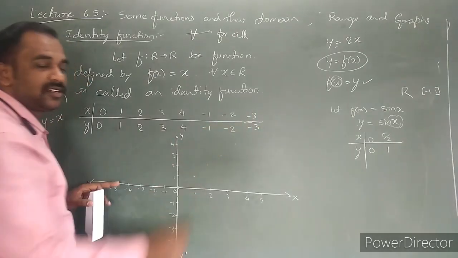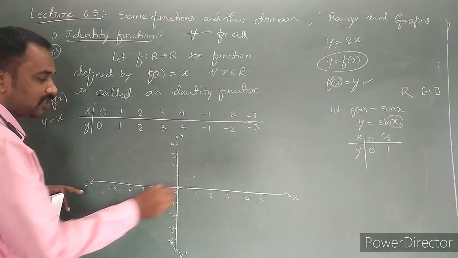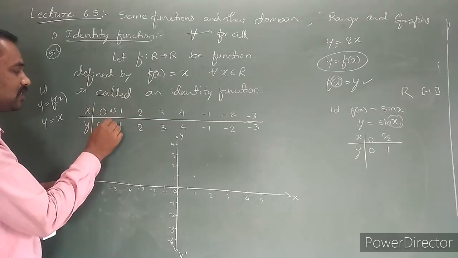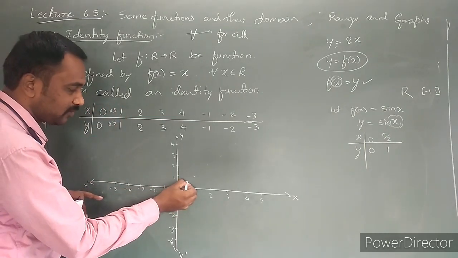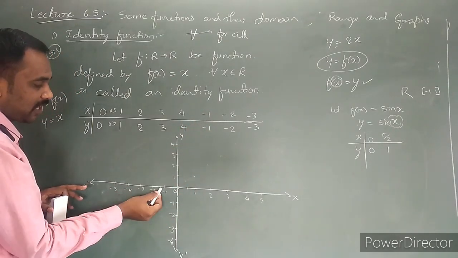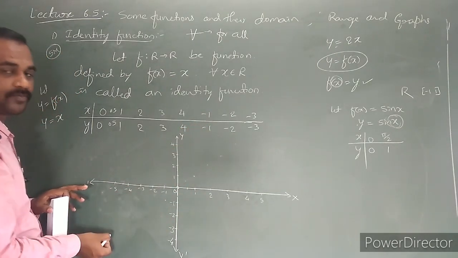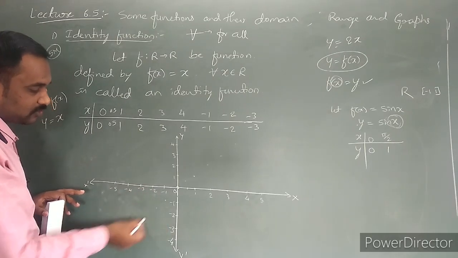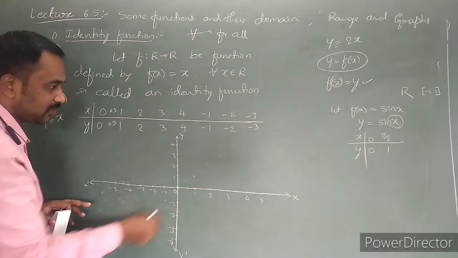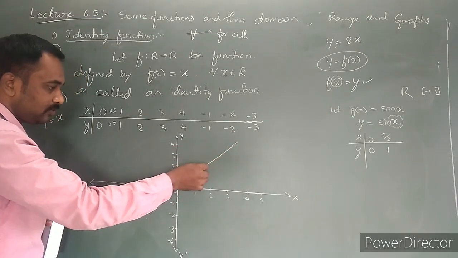Is it a straight line? Yes. Suppose you take x value as 0.5, the y value is also 0.5, so 0.5 comma 0.5. Similarly, negative values: minus 1 comma minus 1, minus 2 comma minus 2, minus 3 comma minus 3. Isn't it? So it gives a straight line.